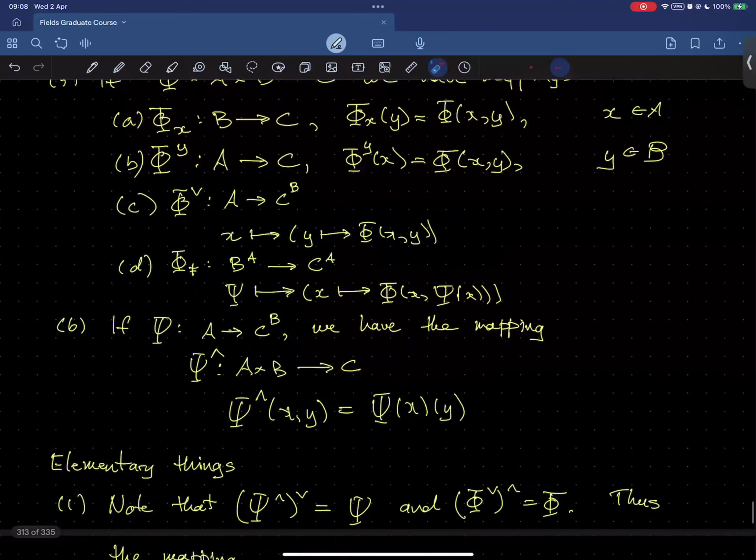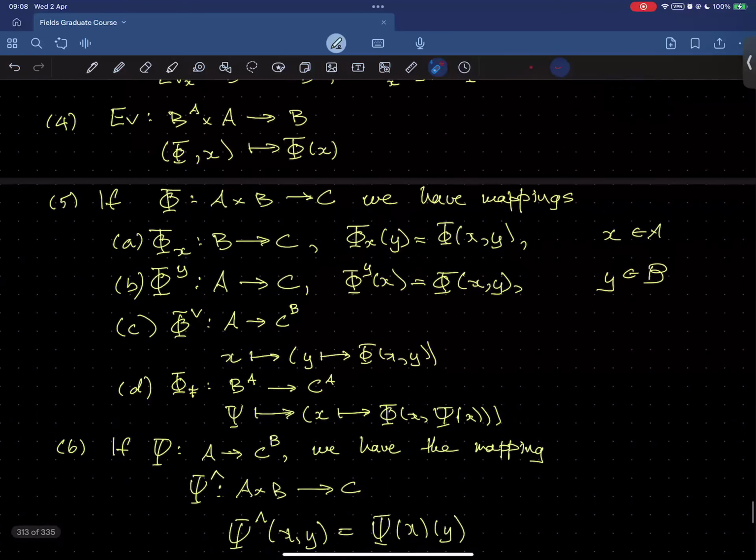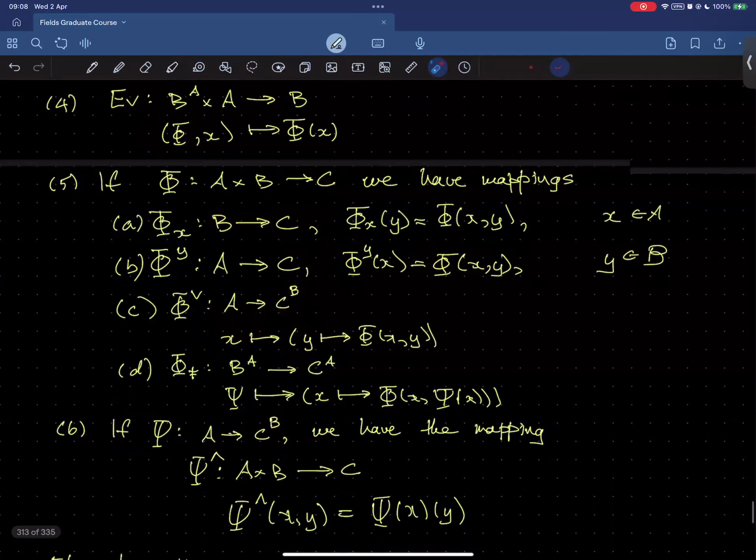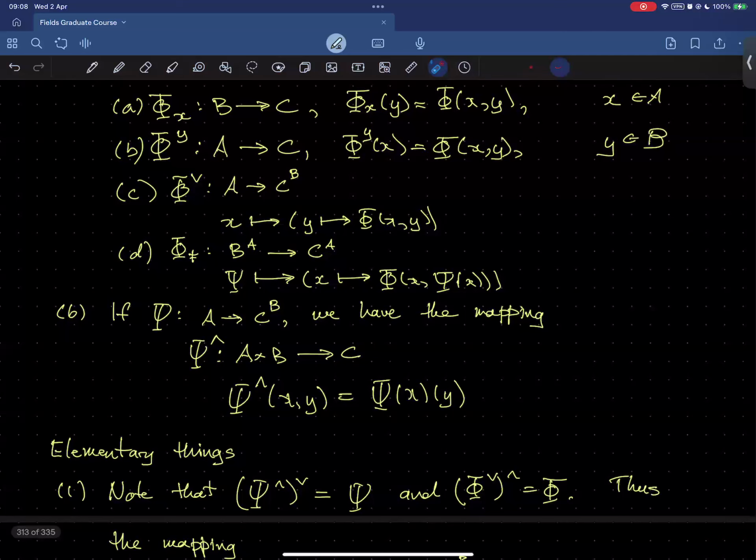And then you have a mapping which kind of undoes this mapping. So this one takes a mapping on a product and gives you a mapping with values in a space of mappings. Well, now I'm going to build an inverse of that. So I'm going to take something like this and produce something like this. And again, there's only one way to do that. So I take a mapping psi, just like I had here. Then I retrieve a mapping on the product by this formula.